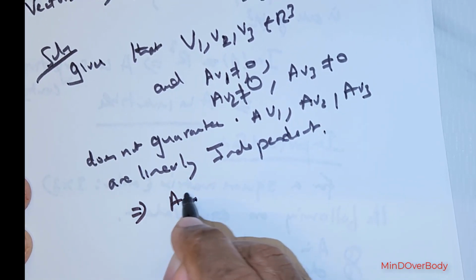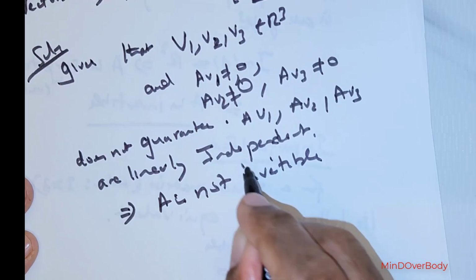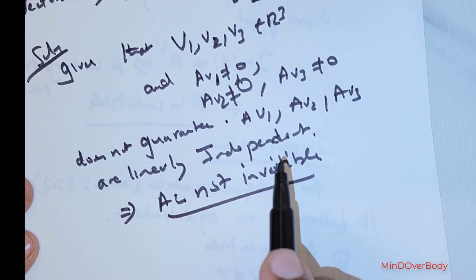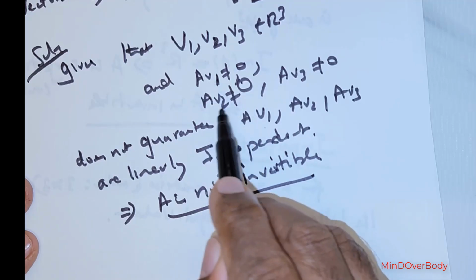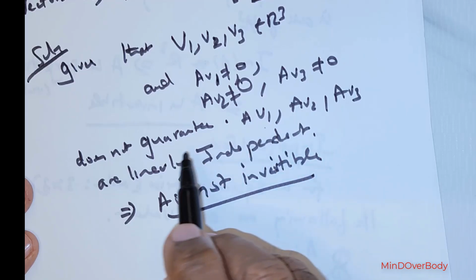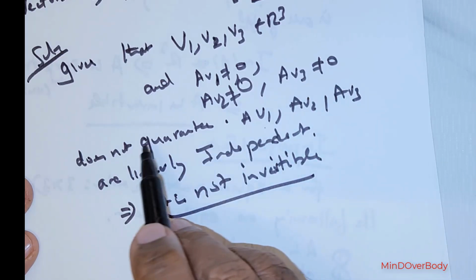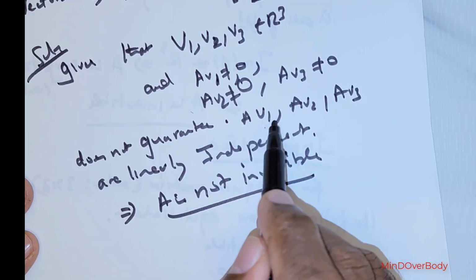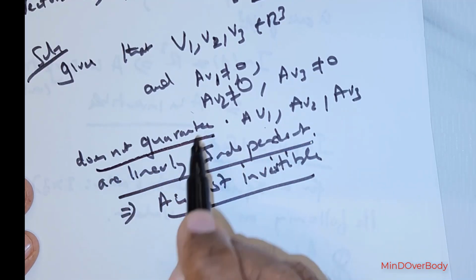This means A is not invertible. Okay, you understand what I'm saying? So the idea is Av1, Av2, Av3, of course they are not equal to 0, but that does not mean that they are linearly independent. You catch my point? Just because they are not equal to 0, the condition does not guarantee Av1, Av2, Av3 are linearly independent.